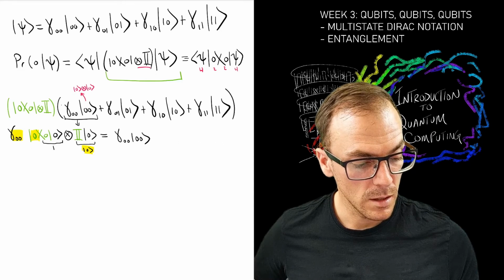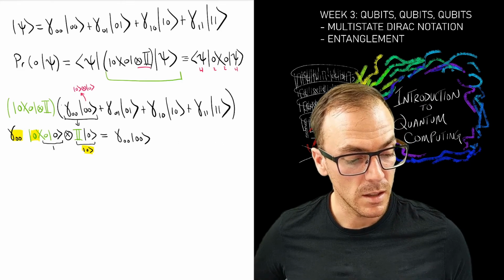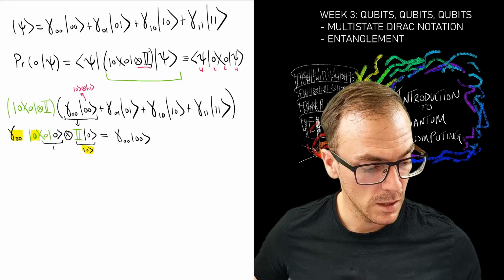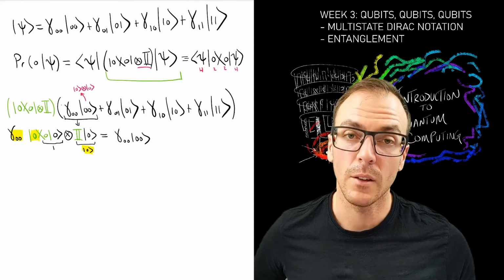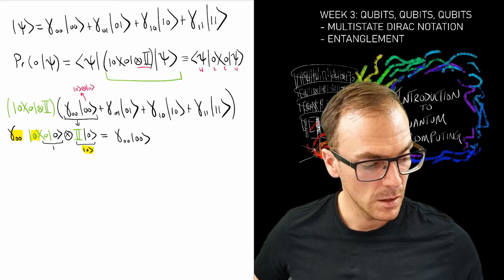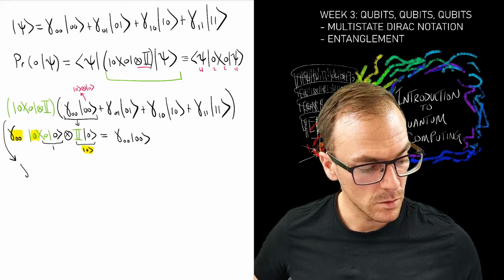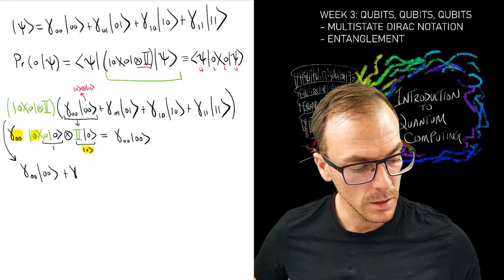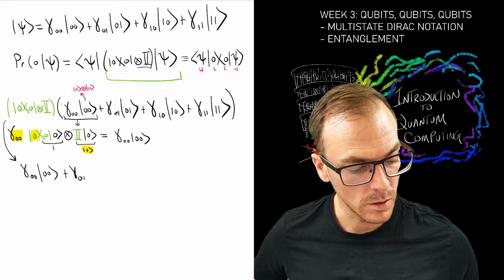And we can see that the second one doesn't change anything either. So the second term is going to be left the same. So we have gamma 00 plus gamma 01.